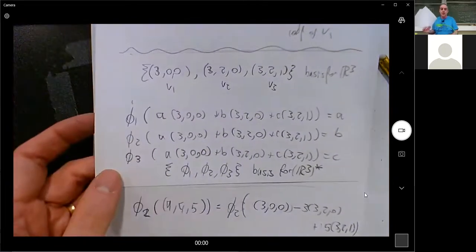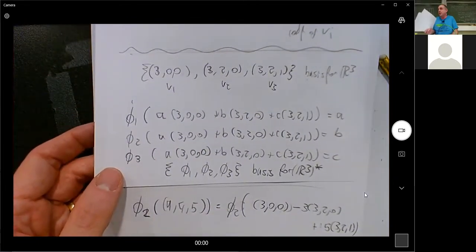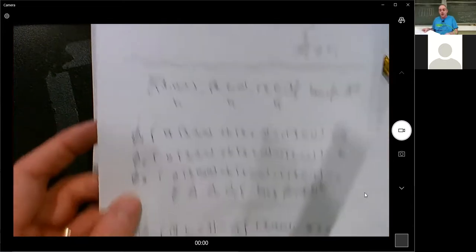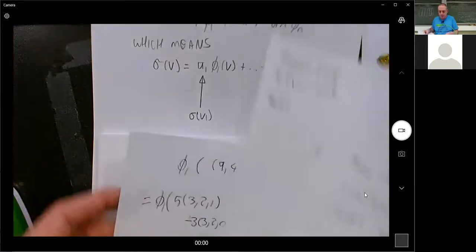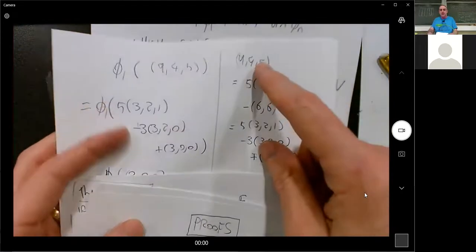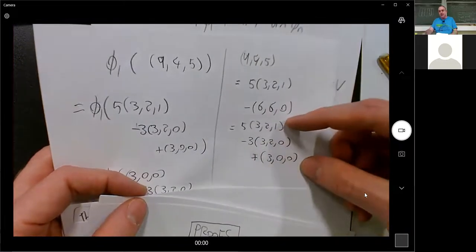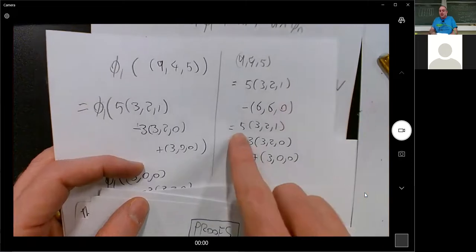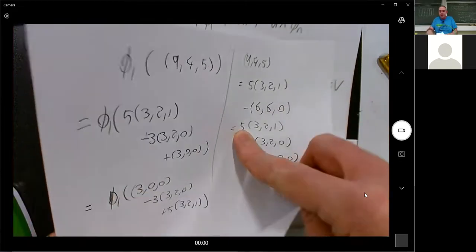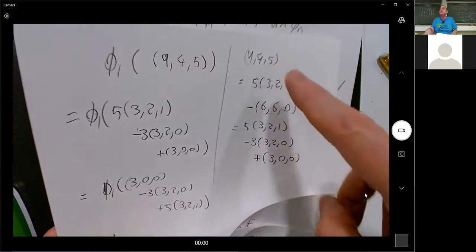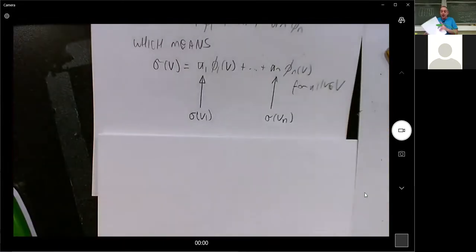If I want to write this vector as a linear combination of the basis vectors, the number in that spot is phi1 of this vector. But I can do it in reverse.